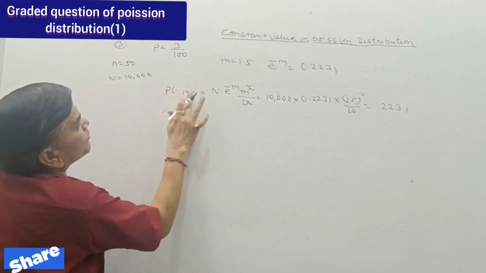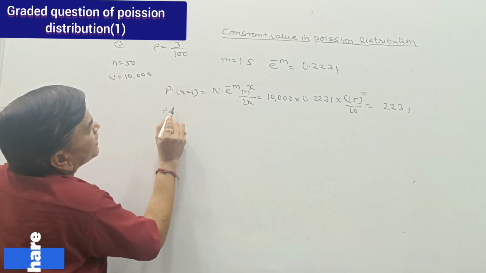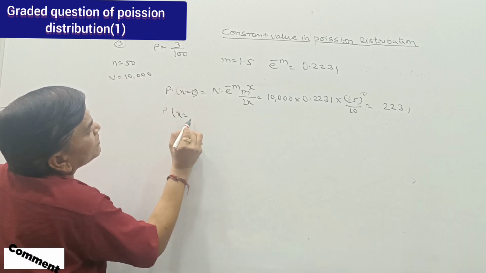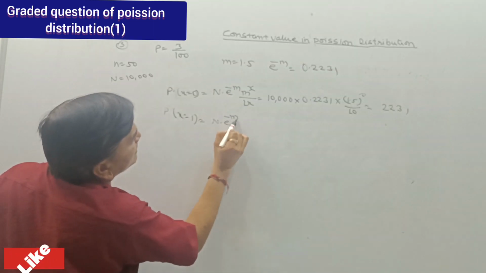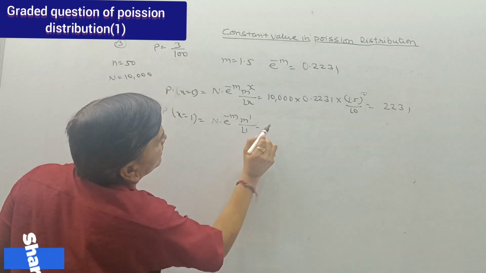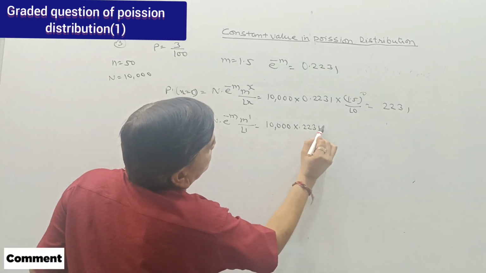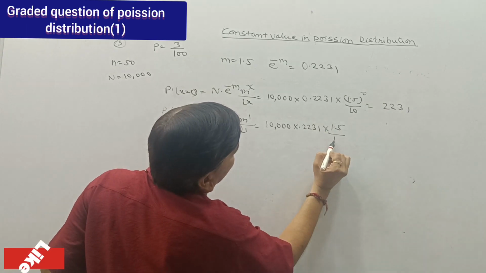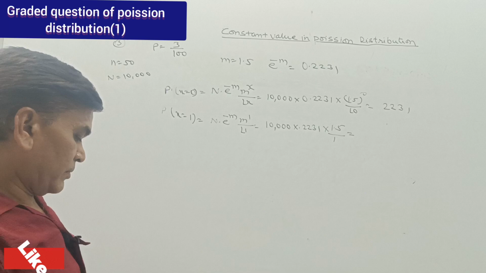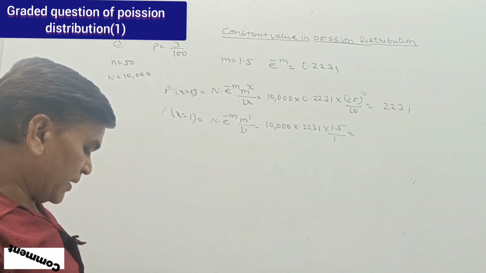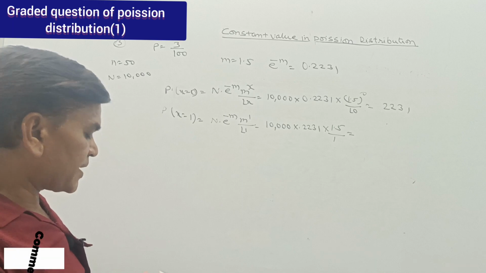Second, for one defective, x is equal to 1. So that is N e raised to power minus m, m raised to power 1 upon factorial 1. That is 10,000 multiplied by 0.2231 multiplied by 1.5 upon 1. So 2231 multiplied by 1.5 is 3346.